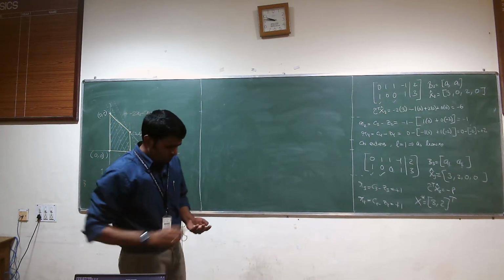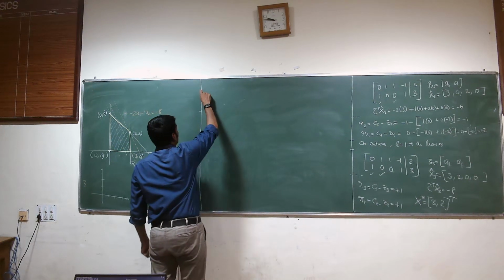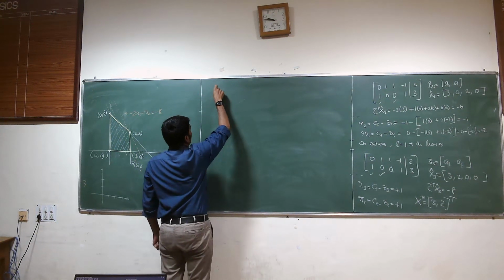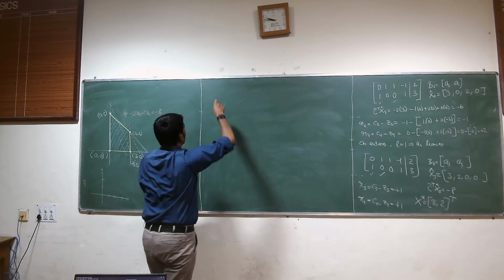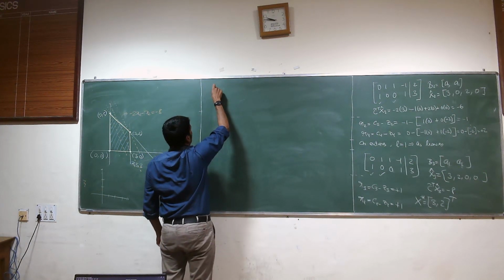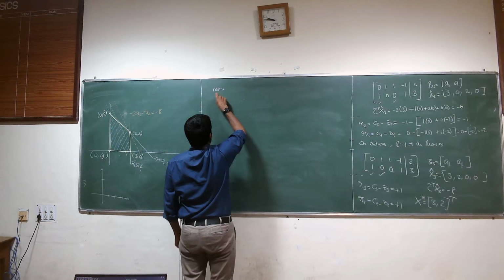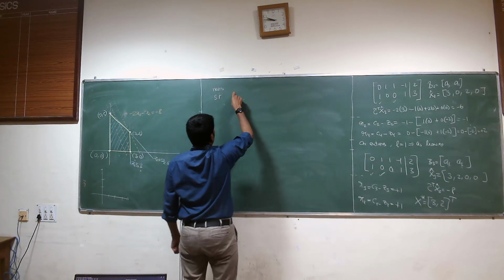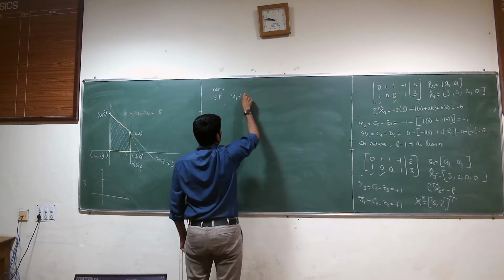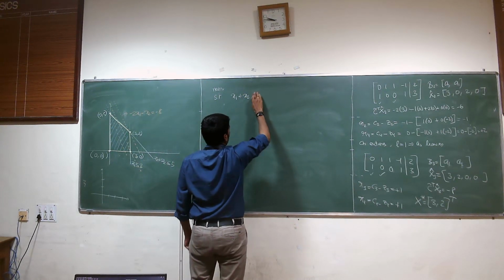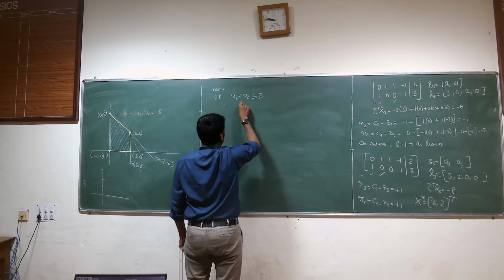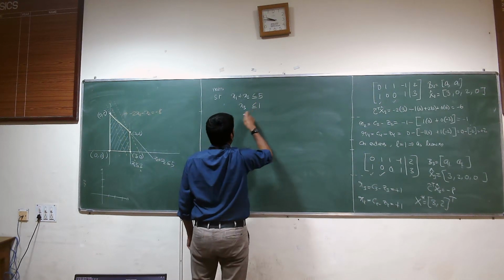We will just do one more example for you guys to get used to this idea. Let's say we want to minimize. I'll write this down first. X1 plus x2, 5, x3 is equal to 1.